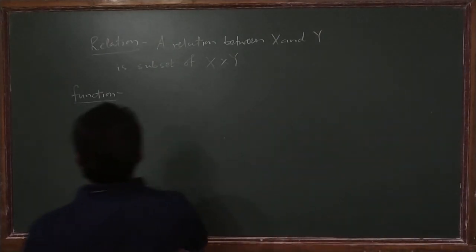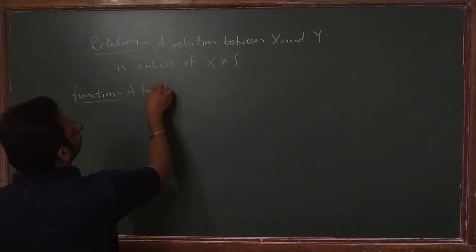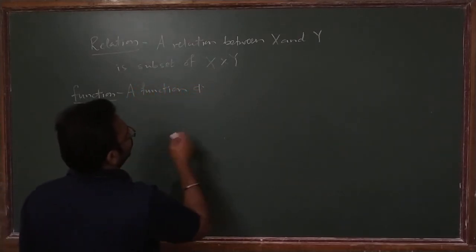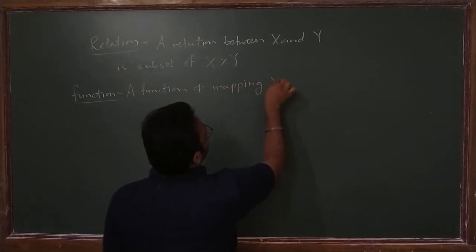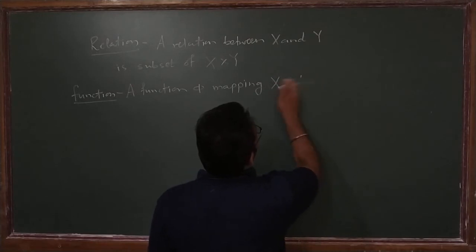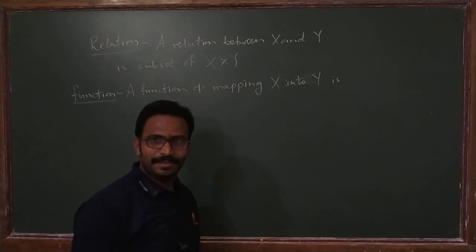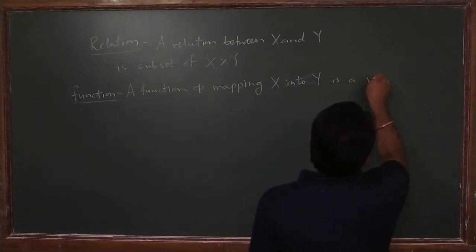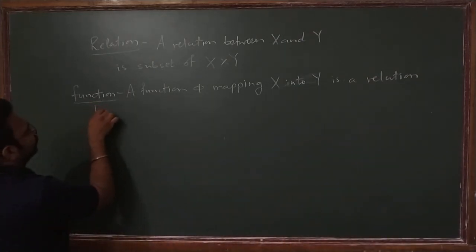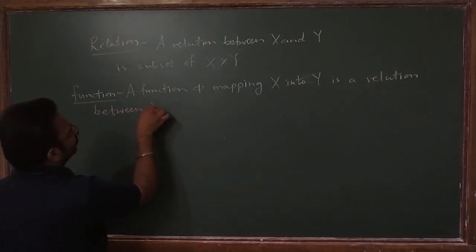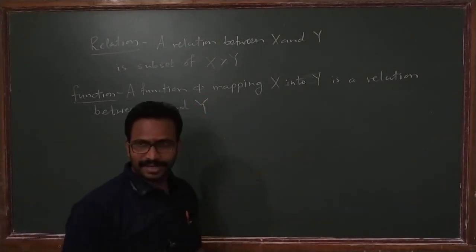So the definition of function: a function phi mapping x into y is a relation between x and y, with some criteria. What is the criteria?